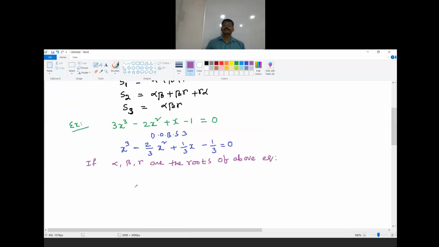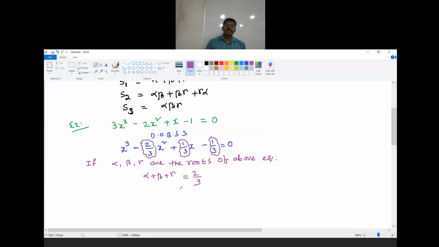Now we can write S1. If you compare this cubic equation with the standard form, S1 is 2 by 3, this is S2 and this is S3. S1 is the sum of the roots, so alpha plus beta plus gamma equals 2 by 3. This is the first relationship.